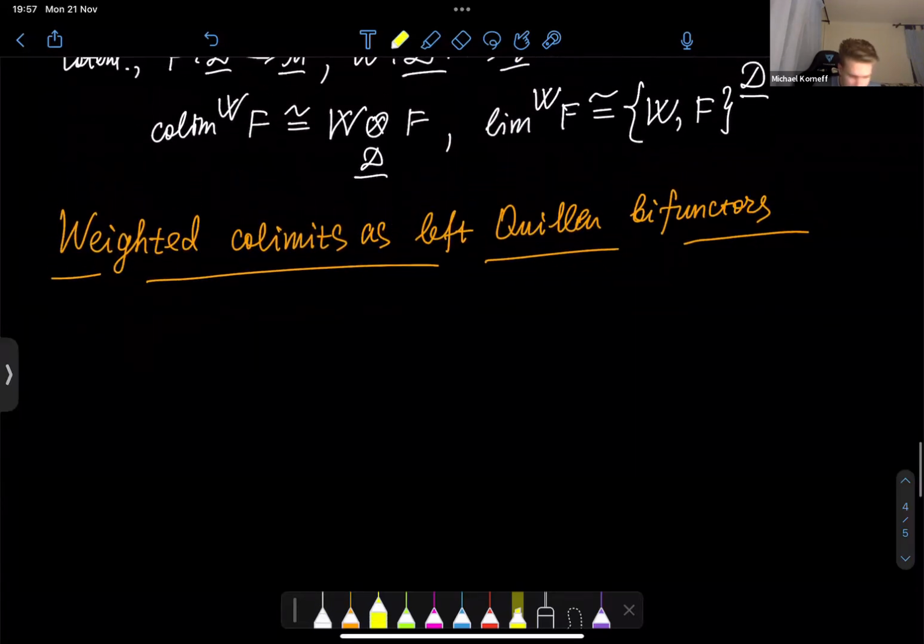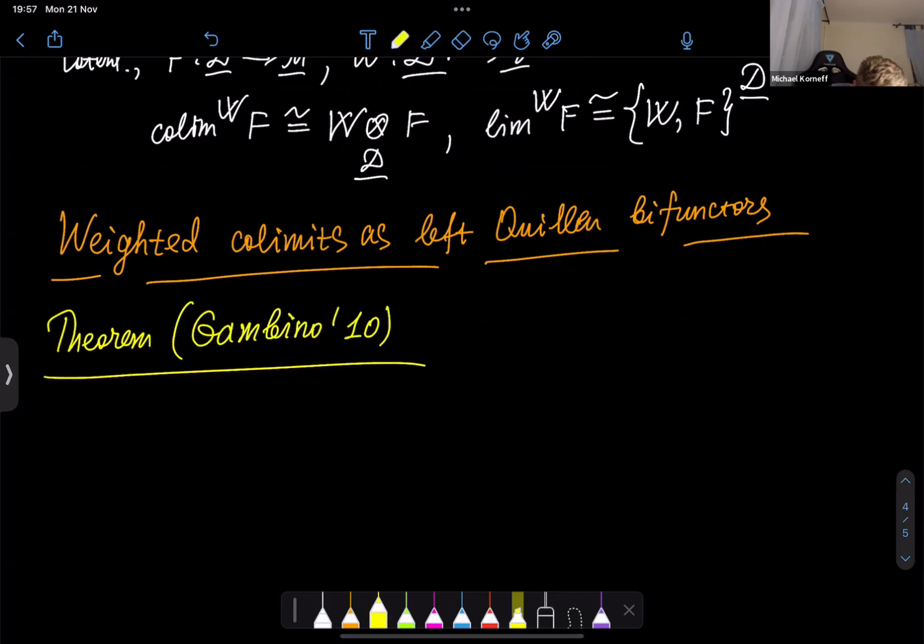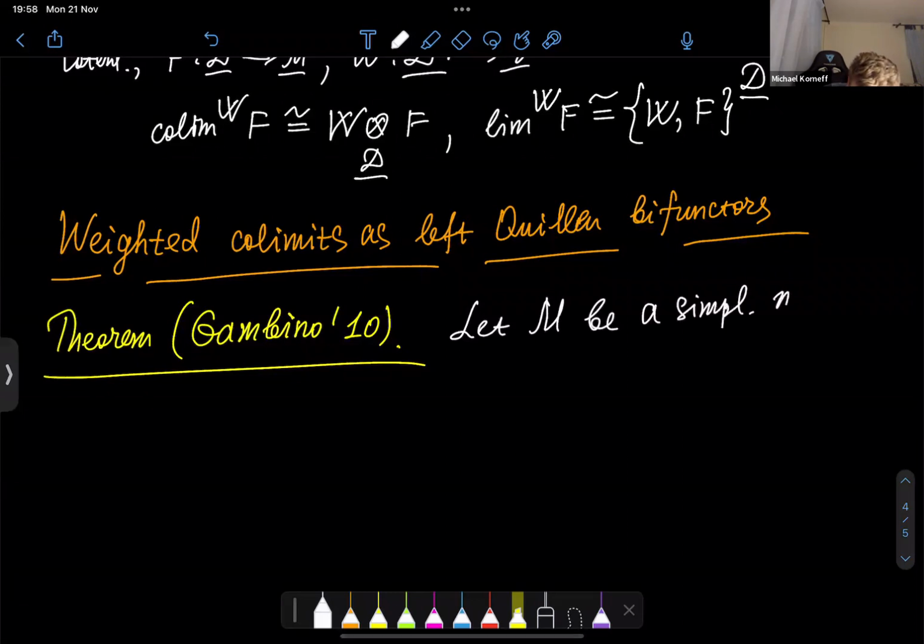Now I want to give the following theorem. This is Gambino's theorem. Let M be a simplicial model category.